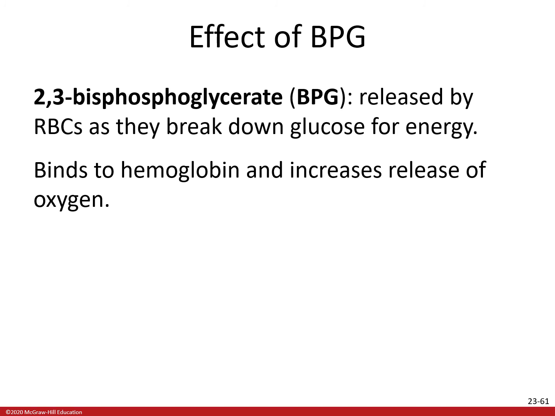It's essentially a byproduct that gets released from red blood cells as they break down glucose for energy. So not dissimilar to carbon dioxide, but something slightly different. BPG is going to bind to hemoglobin and increase the release of oxygen. Typically, this is in response to low blood oxygen levels. That is the trigger for increasing BPG.